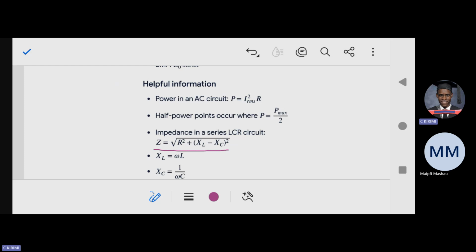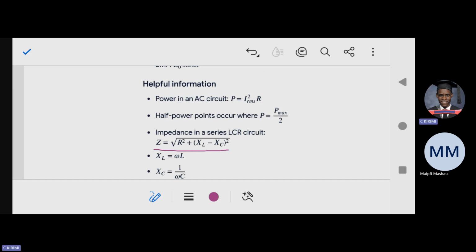You write that the impedance in an LCR circuit is given by this formula: Z is equal to the root of R squared plus X, which means the resistance for the inductor for L, then the C is for the capacitor.